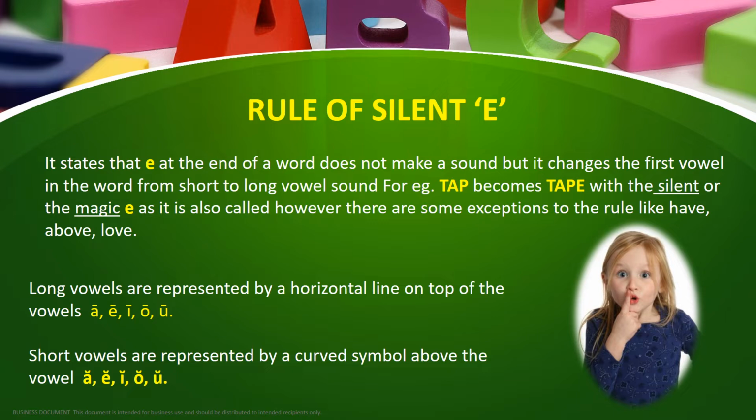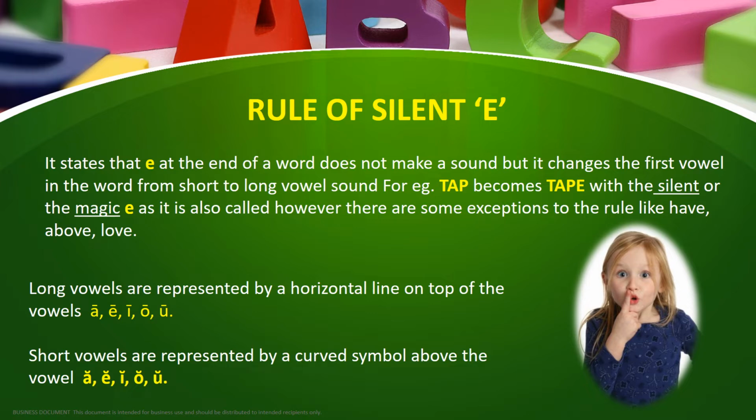Now from somewhere this quiet E comes and sits beside P. Now the word becomes tape. Can you hear any E there? Tape? No, we cannot hear any E there. The E is just there sitting silently doing a magic. And what magic has this E done? This E has changed the sound of letter A in tap to letter A in tape.